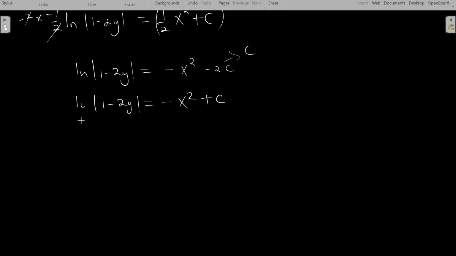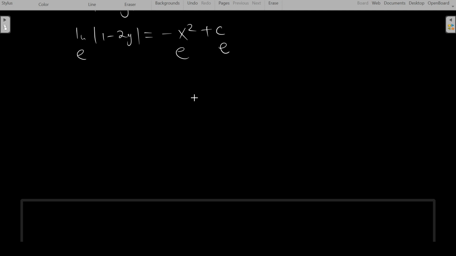Now taking the exponential of both sides, 1 minus 2y should give me e raised to negative x squared. Then this part again gets absorbed into a constant. It's similar to multiplying these bases, so I should be adding the powers. So it's just similar to multiplying that with c.